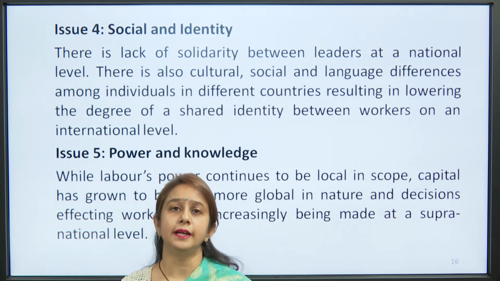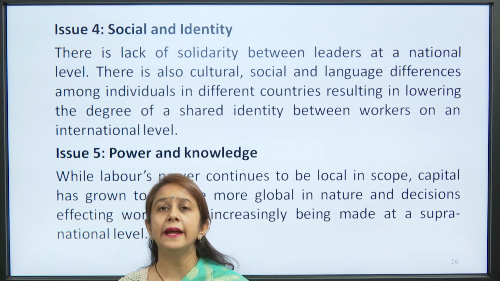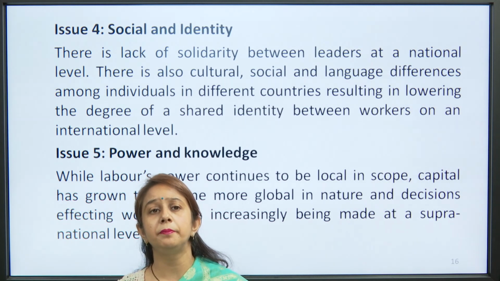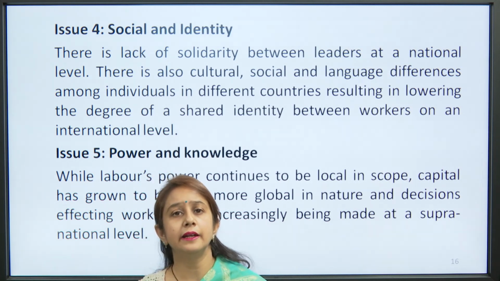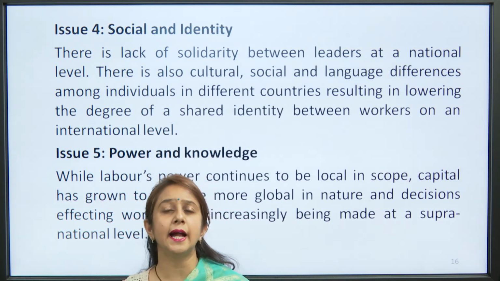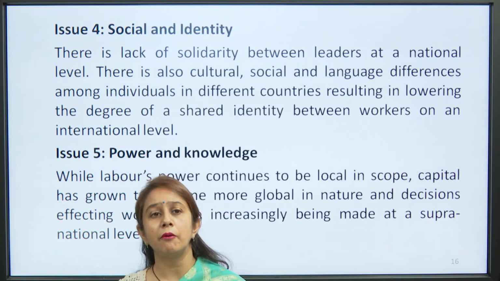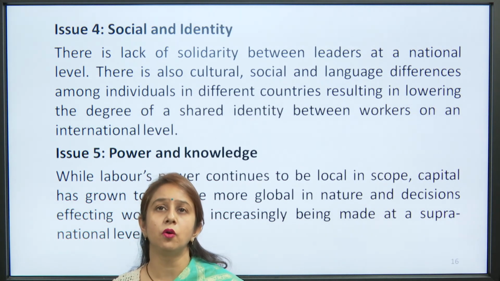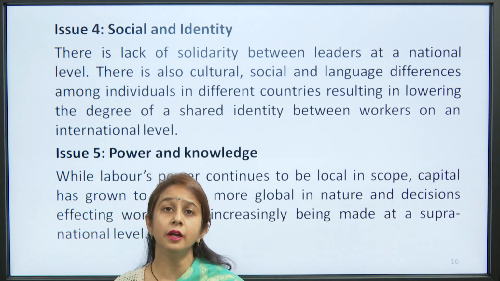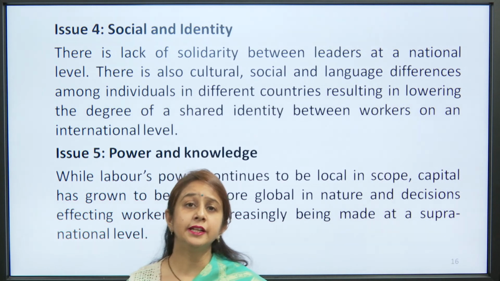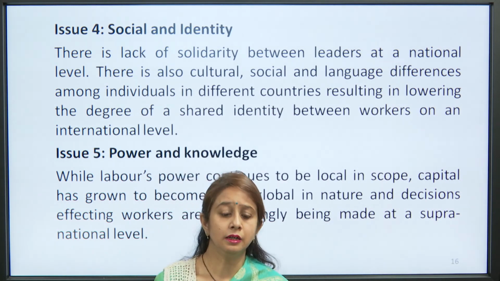This can be done by understanding the needs of the people from the host country, the home country and the third country nationals. That will decide what the actual mix from the home country as well as the host country will be in your company. So, the very last issue is power and knowledge.